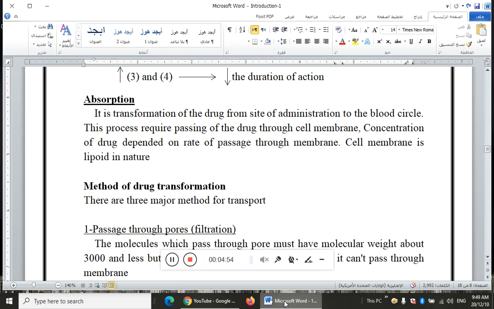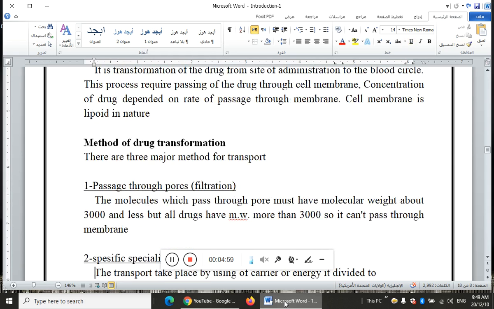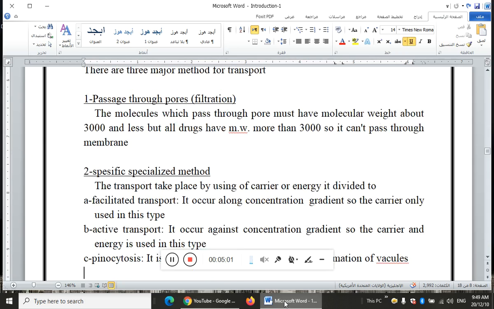There are three major methods for transport in general of any material, not only drugs. The first one is passage through pores, which is called filtration. You know there are pores in the cell membrane, so some materials could enter the cell through these pores.